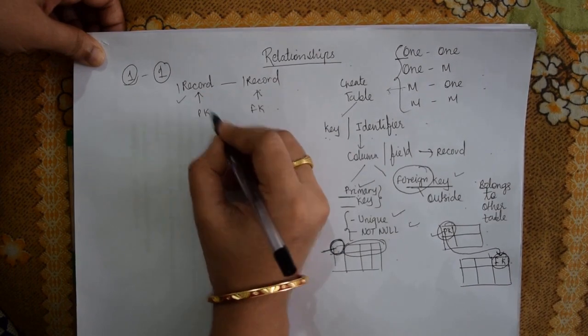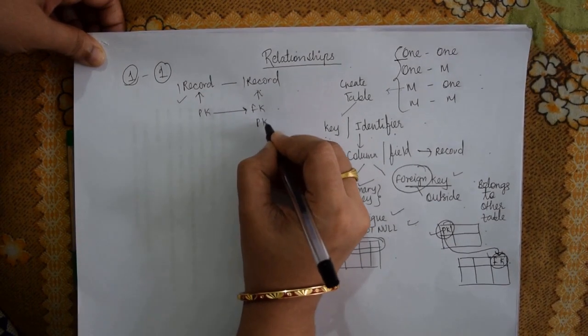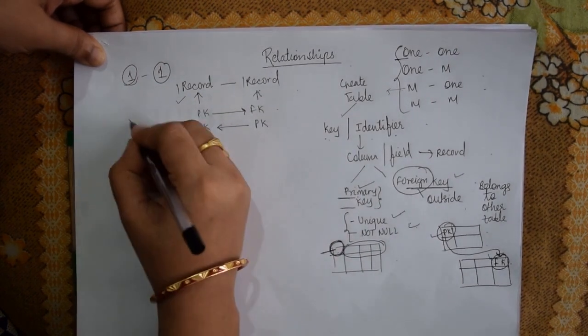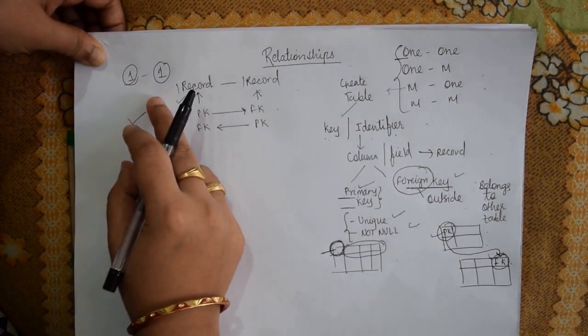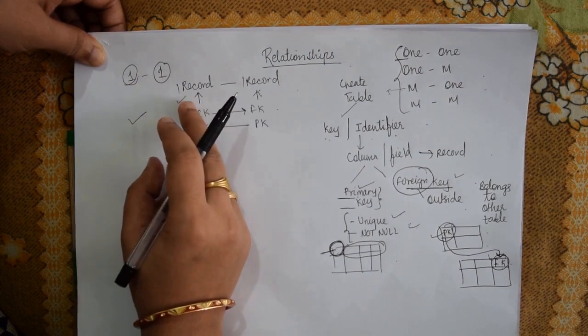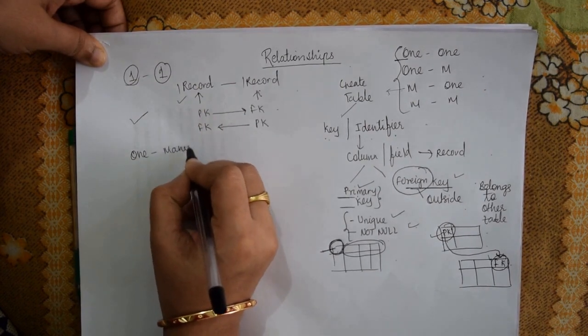So the primary key of this table will be the foreign key in the other table, or you can take the primary key of the other table as a foreign key in this table. In this way you can specify one to one relation. Very simple. We will see the demo also.